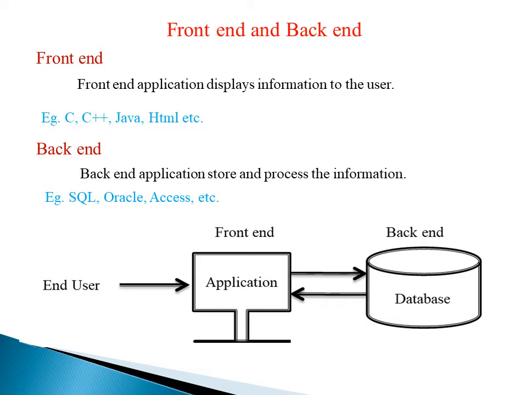Suppose we visit a shopping website, then we see all the products, their prices, details of those products. Then we make the design of our website using the front end application, and the data or text of the website using the back end application.